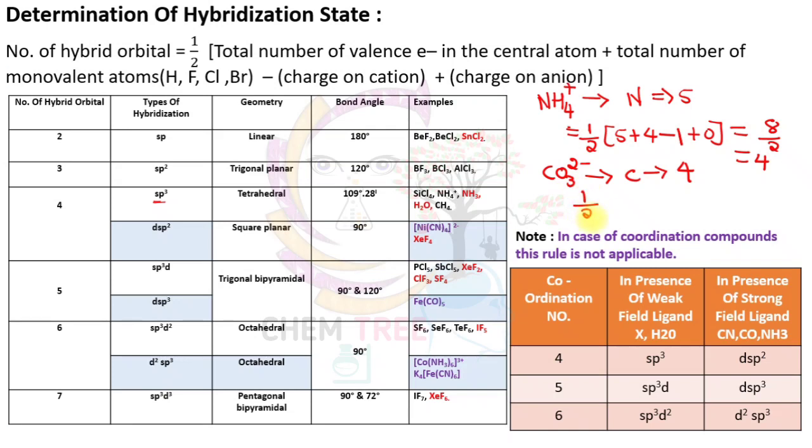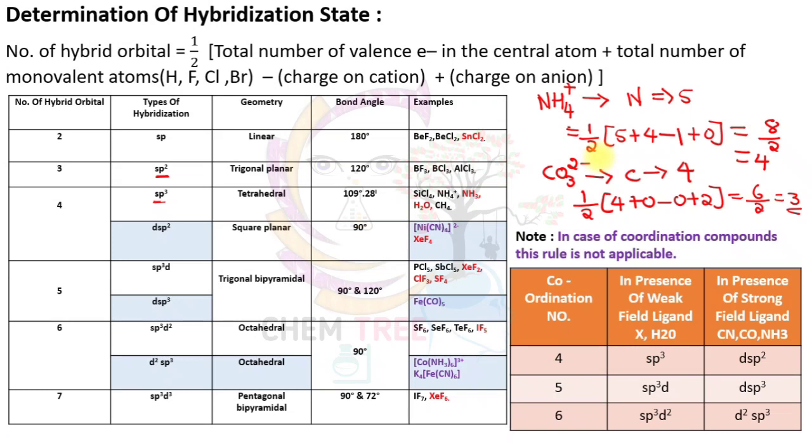When we apply the rule, half multiplied by 4 plus monovalent atoms, here oxygen is present, that is 0, and for the positive charge, here negative is present, therefore it is 0, and for the negative charge, we add plus 2. We get 6 divided by 2, that is 3. 3 means it is sp2 hybridized. The carbonate ion is sp2 hybridized. Like this, we can identify the hybridization of any molecule.